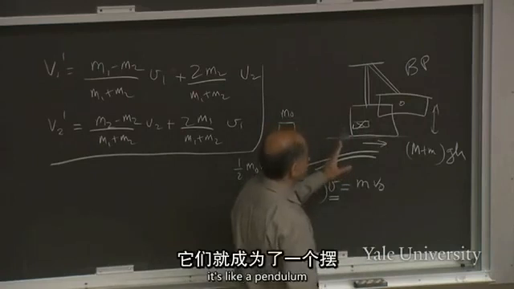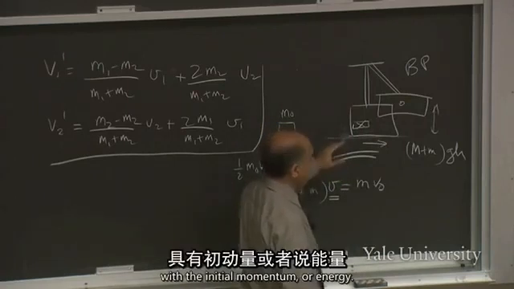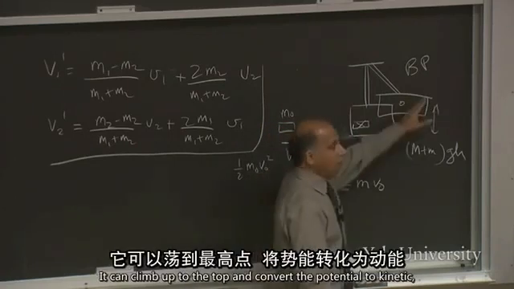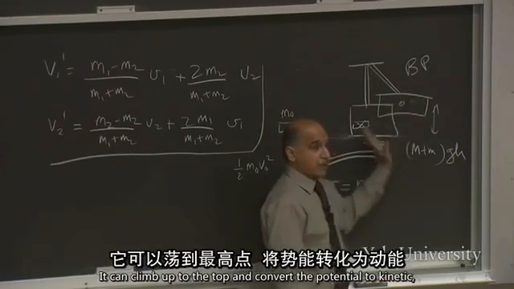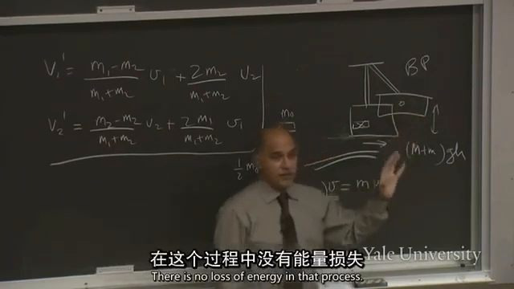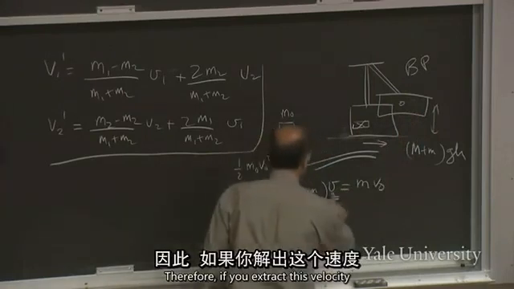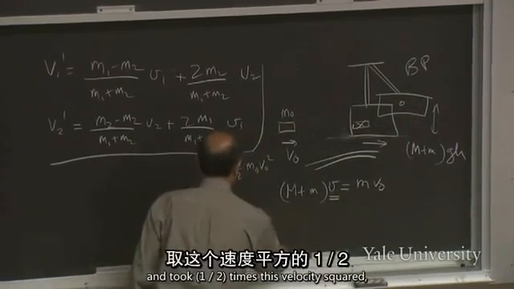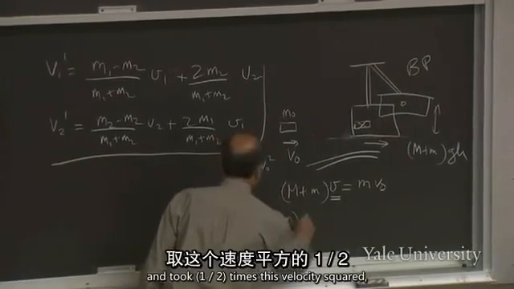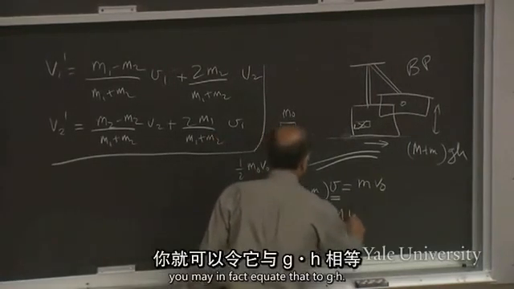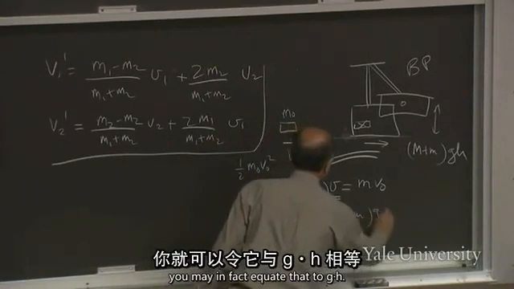Once it starts moving, it's like a pendulum with initial momentum or energy. It can climb up to the top and convert the potential to kinetic or kinetic to potential. There is no loss of energy in that process. Therefore, if you extract this velocity and take 1/2 (m plus m) times this velocity squared, you may in fact equate that to (m plus m) gh.